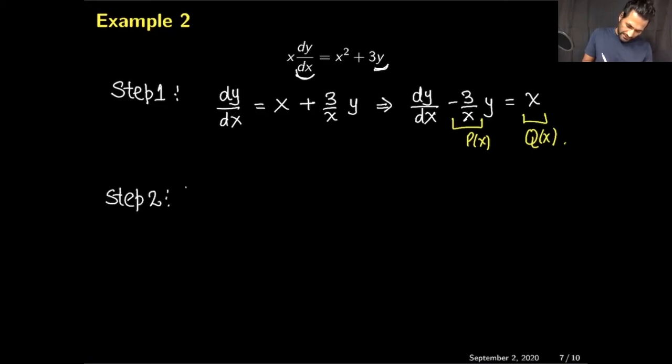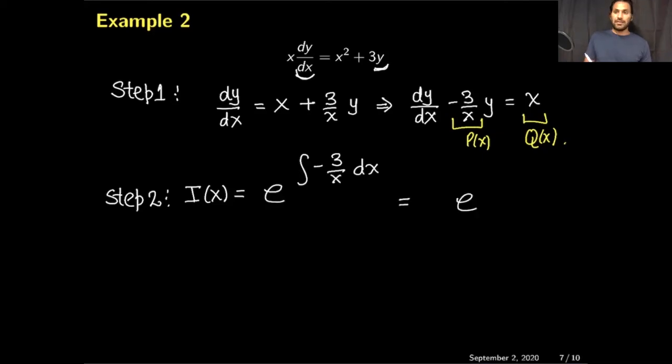So calculating the integrating factor, in other words the I(x) function, we have e to the power integral of p(x), which is minus 3 divided by x, dx. The integration of this function, minus 3 divided by x, is minus 3 natural log of x. Now I will use a few properties of the natural log and exponential function to simplify this more.